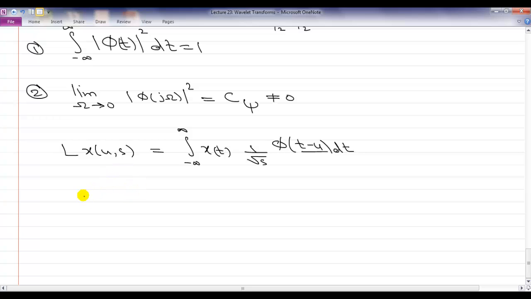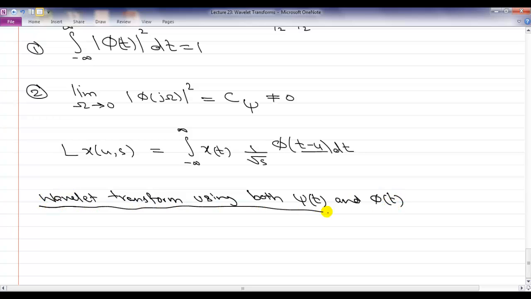So the idea is that you can compute this. Now another way of computing the wavelet transform will be using both the mother wavelet and the scaling function. It will be that you first pick some scale up to which you want to compute the original wavelet coefficients.